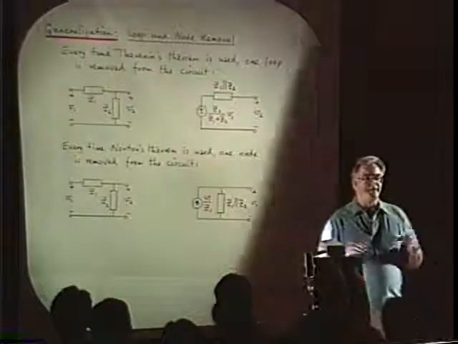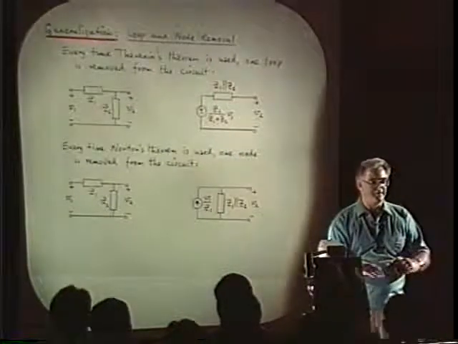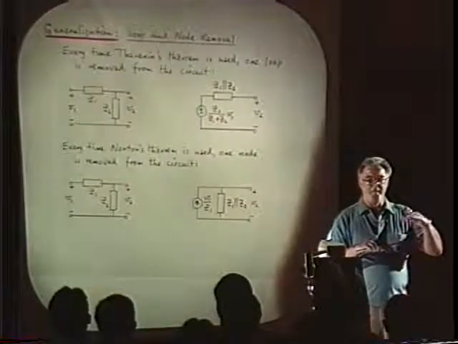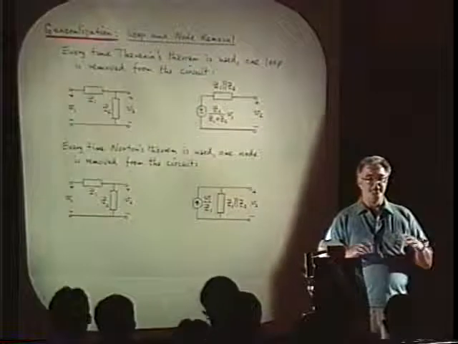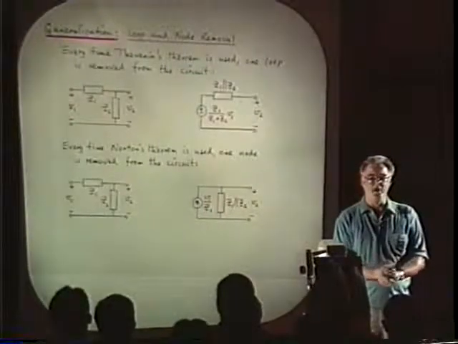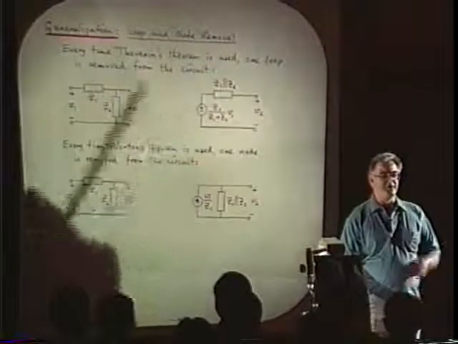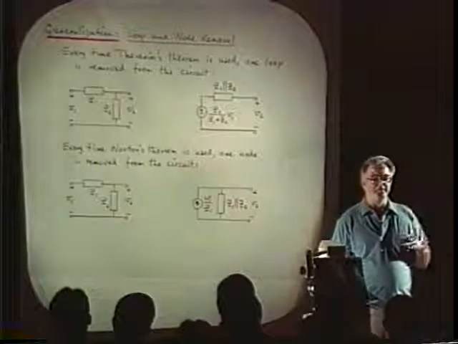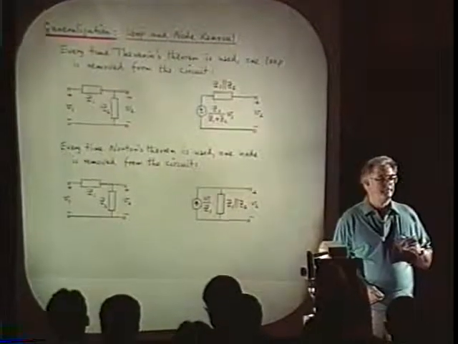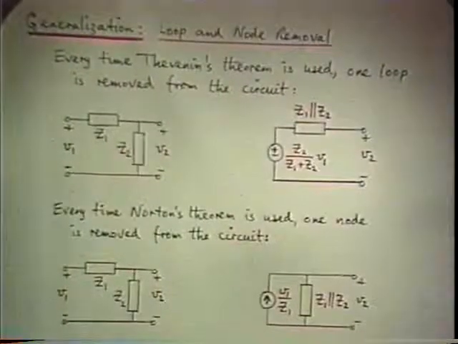Which means in the complicated case with multiple loops and nodes, if you successively apply those theorems, you can reduce the number of loops and nodes one by one and reduce the result to maybe even a single loop, and you write the answer in one equation. Because every time you do that reduction, you are effectively solving one of those set of simultaneous equations. So you solve the equations sequentially instead of all together.